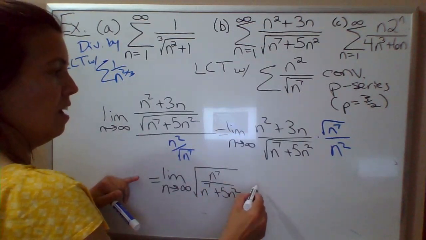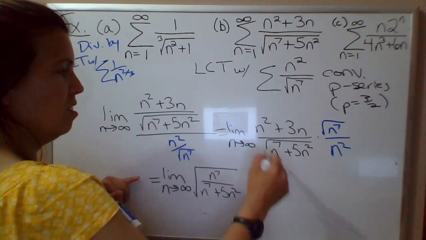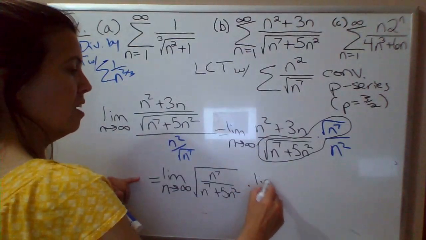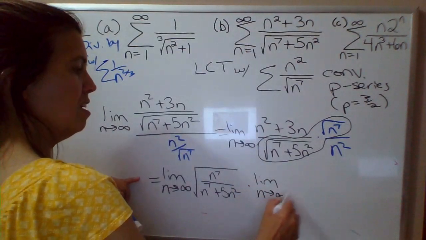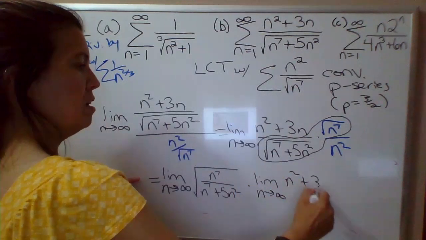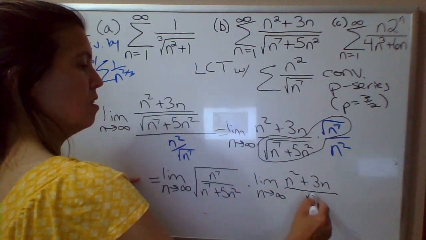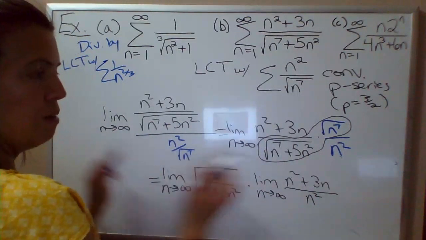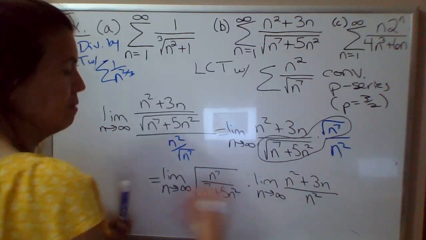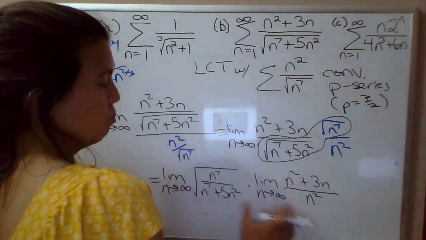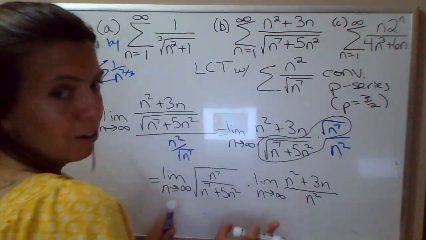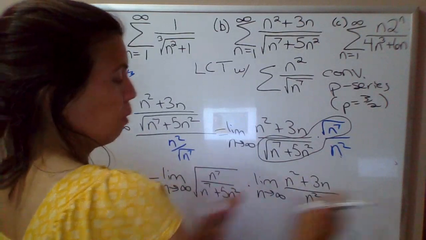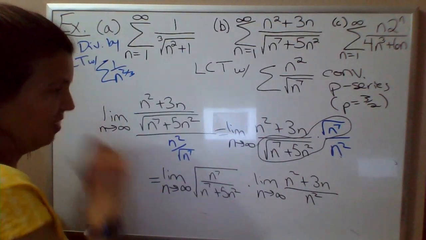Then times the limit as n approaches infinity of n squared plus 3n all over n squared. With limits, the product of the limits is equal to the limit of the product. Be careful, because this isn't true with derivatives or antiderivatives, but with limits you are allowed to take the limit of one part of a product at a time.